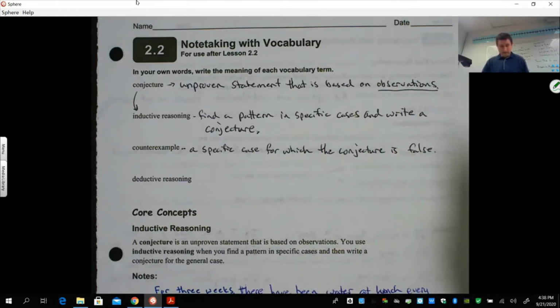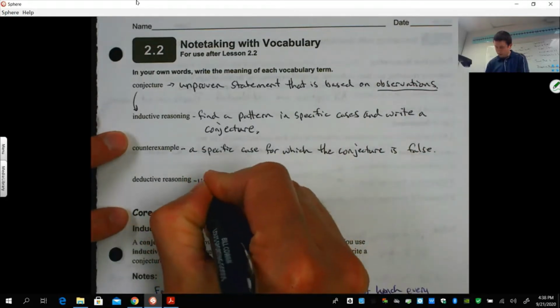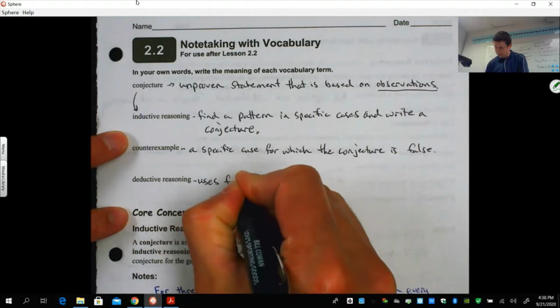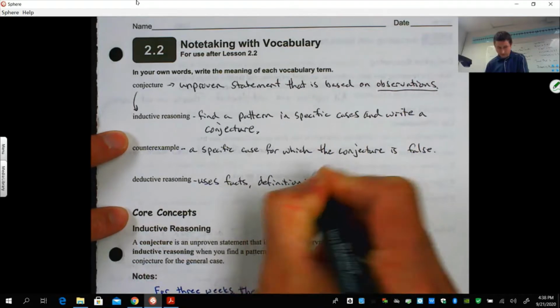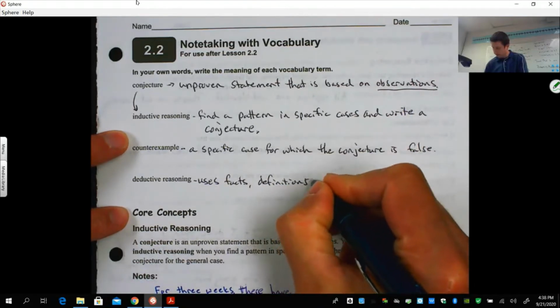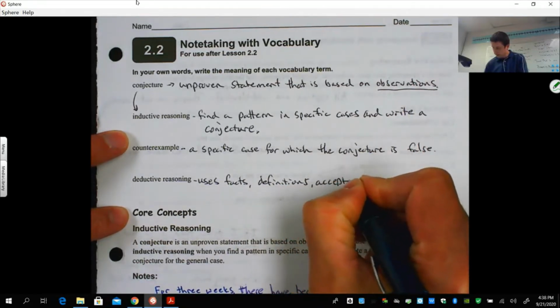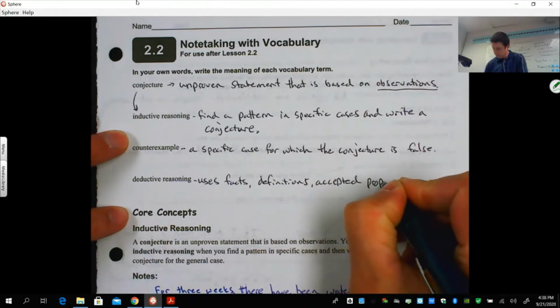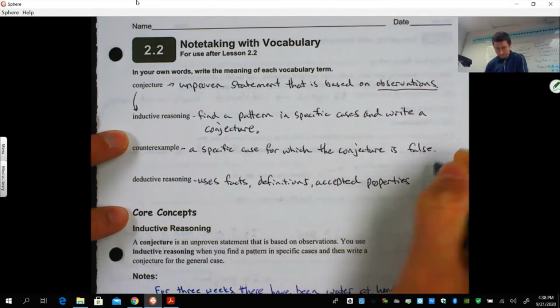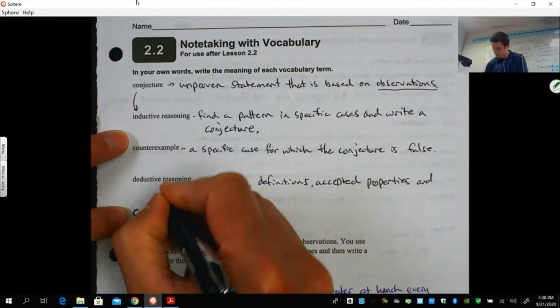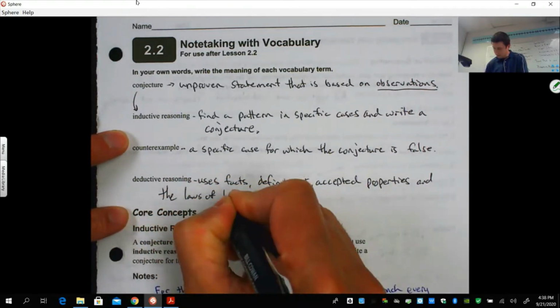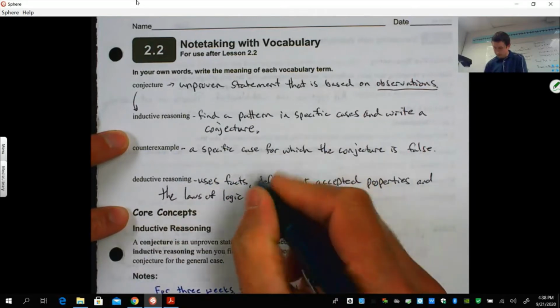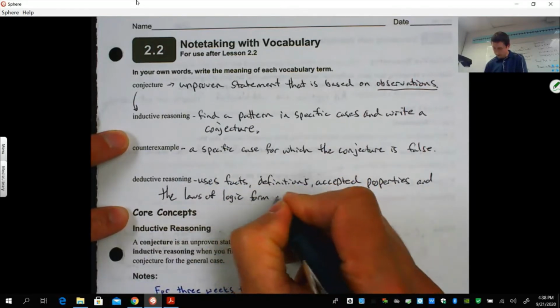Deductive reasoning is kind of the opposite of inductive reasoning. This uses facts, definitions, accepted properties, and the laws of logic, which we'll cover a couple of them today, to form a logical argument.